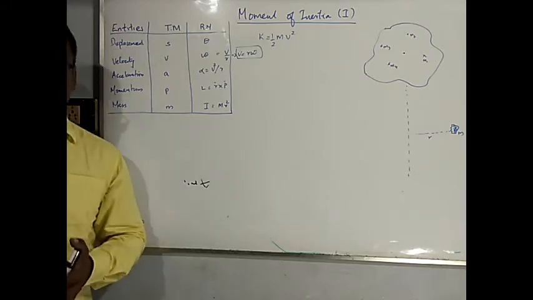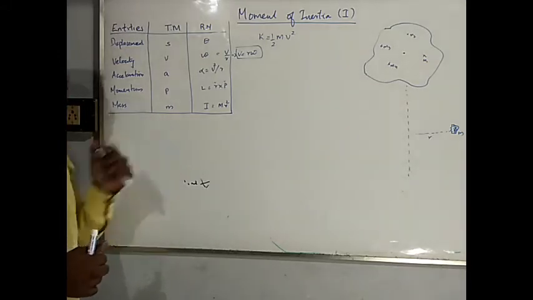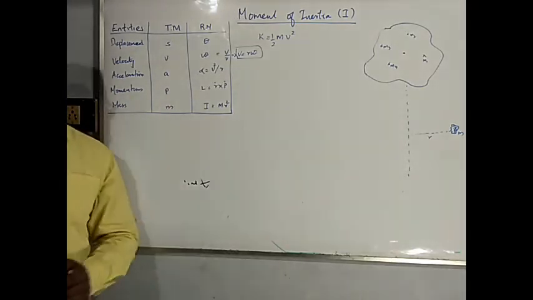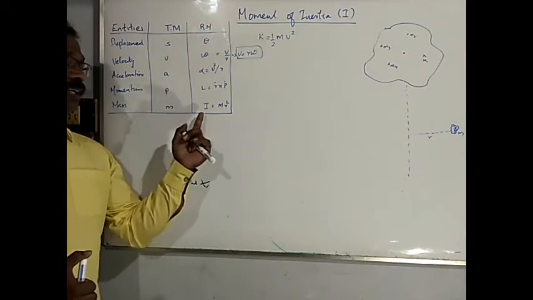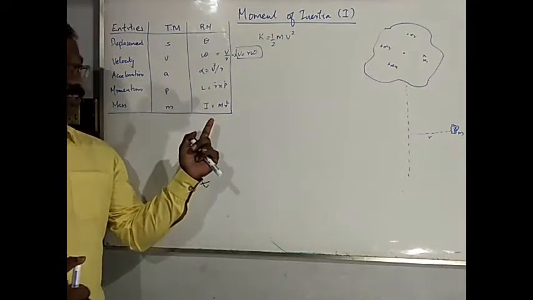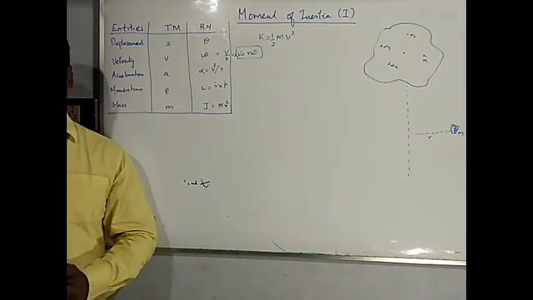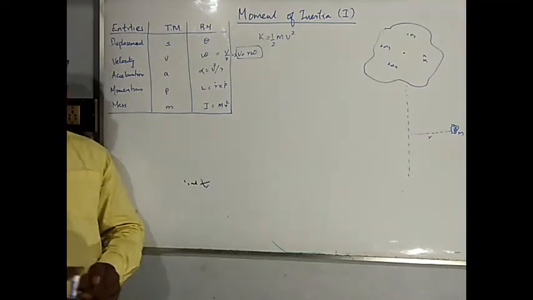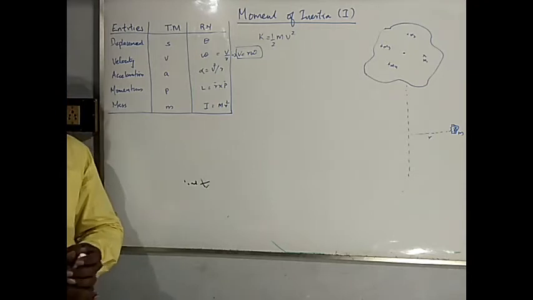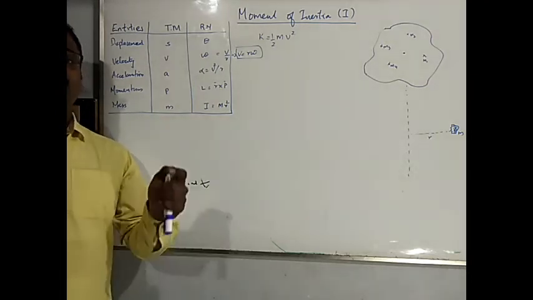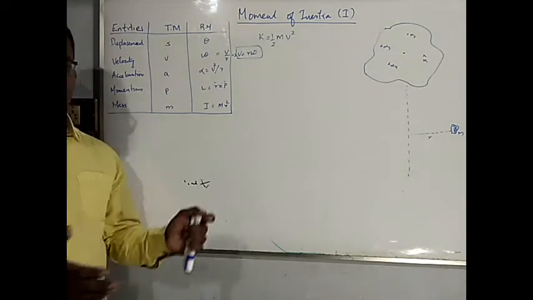But for mass, we use M in translational motion, whereas in rotational motion, we use the moment of inertia. Capital I is the letter used to denote moment of inertia in rotational motion. So in translational motion we use mass, but in rotational motion we use moment of inertia.